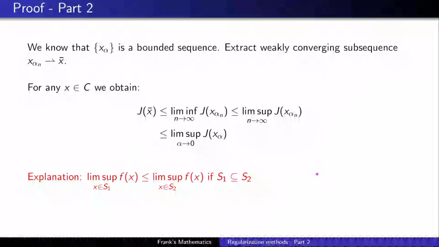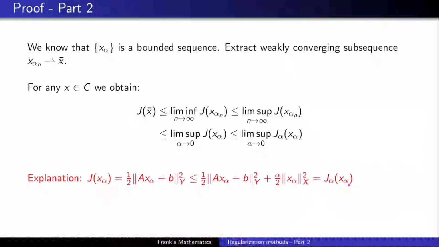And the next step is needed for a small trick. We want to move from j to j alpha, which of course is again possible since we are adding a positive term. So we're making the elements in the sequence here bigger, meaning we can estimate the limit superior of j by the limit superior of j alpha.